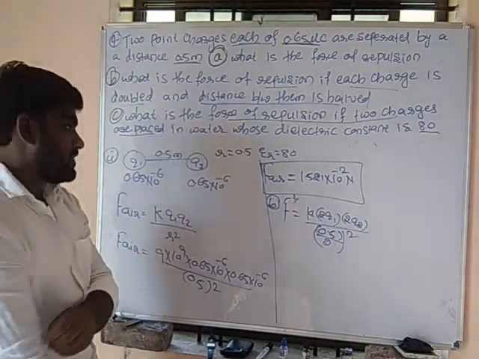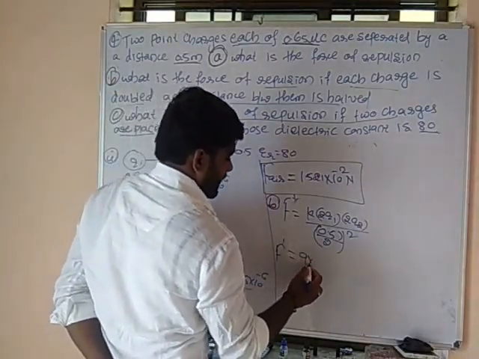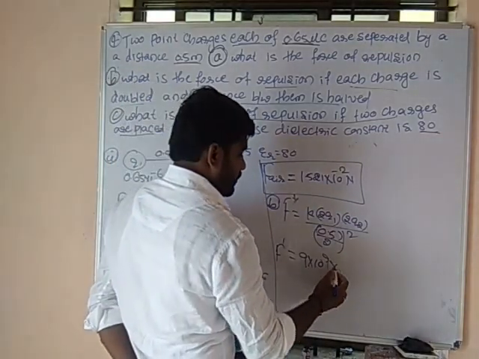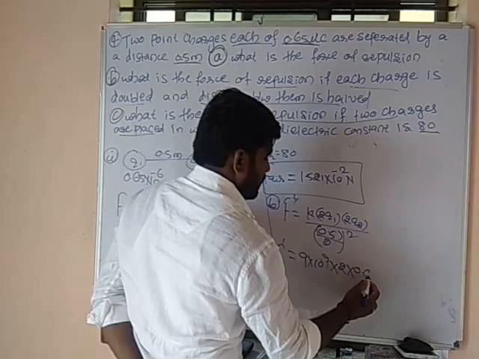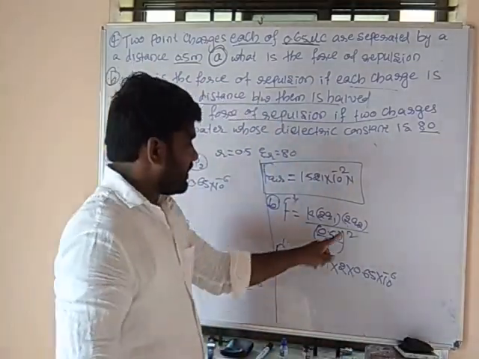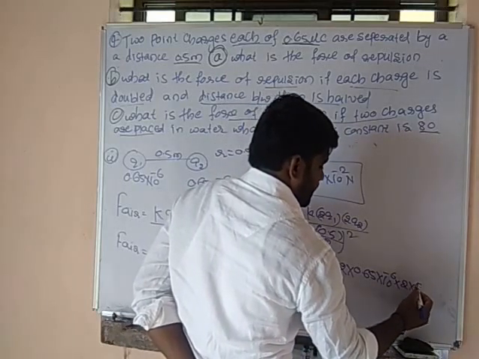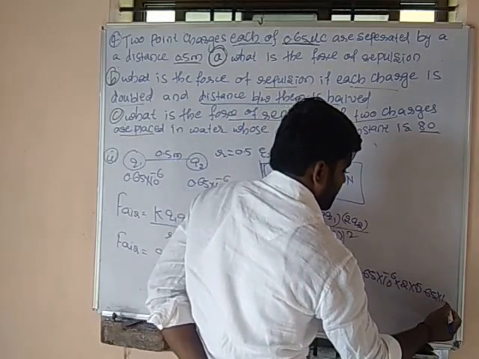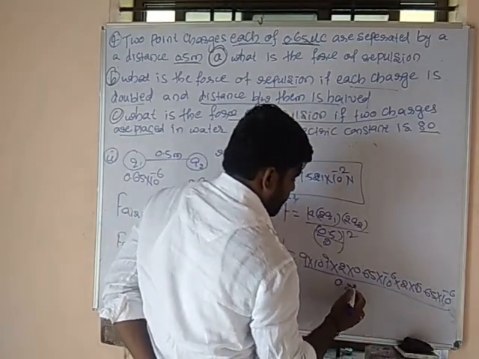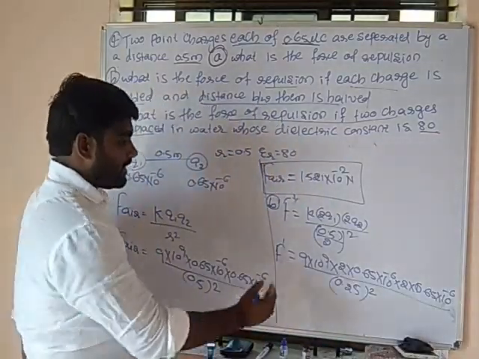Distance is half. So write this. This F dash is equal to 9 into 10 to the power 9 into 2 into 0.65 into 10 to the power minus 6, again 2 into 0.65 into 10 to the power minus 6 whole divided by 0.25 squared.